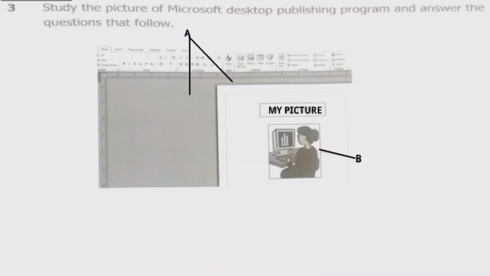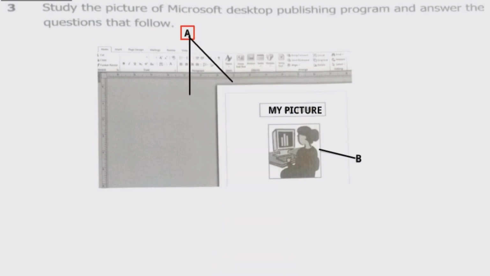Question 3 is as follows. Study the picture of Microsoft Desktop Publishing Program and answer the questions that follow. Okay, so what you need to do is study this picture, pay attention to the labeled parts.